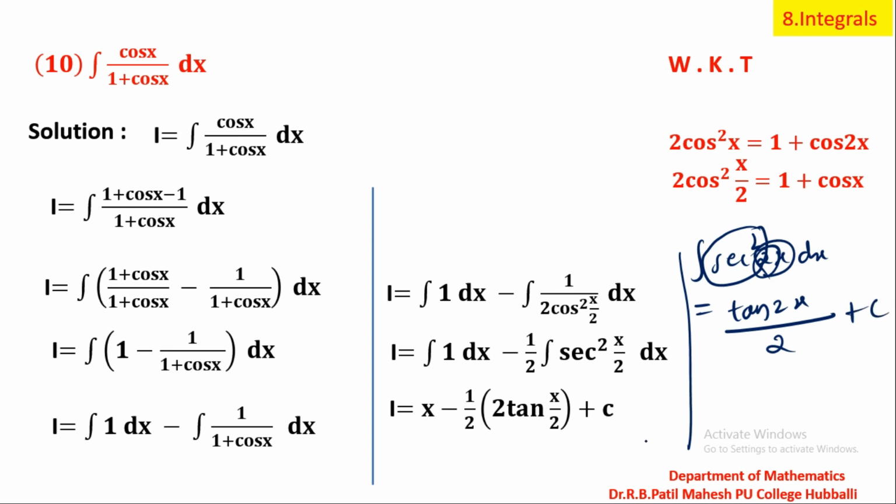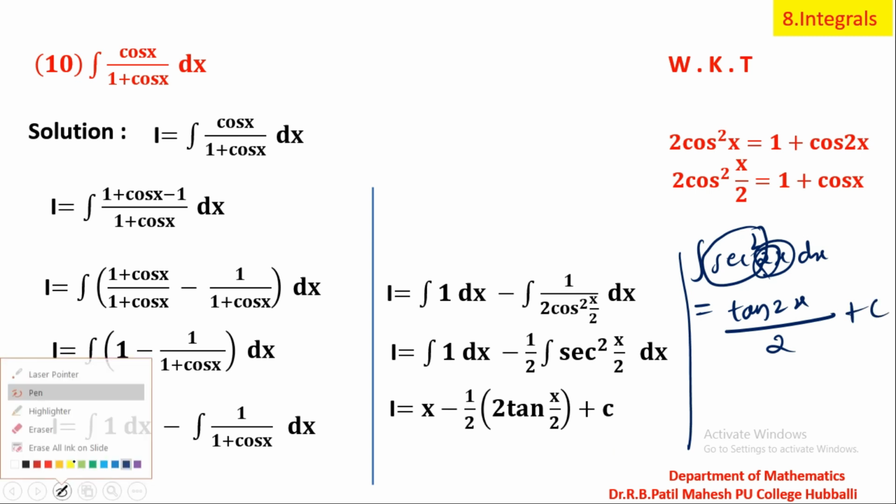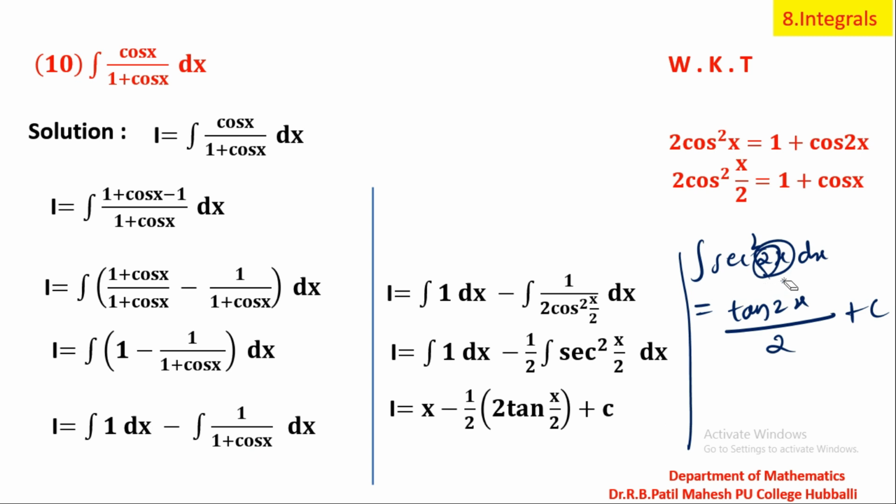This is for integration of secant square 2x dx. Now I ask you, what may be integration of secant square x by 2? Directly, integration of secant square is tan of x by 2 as it is.